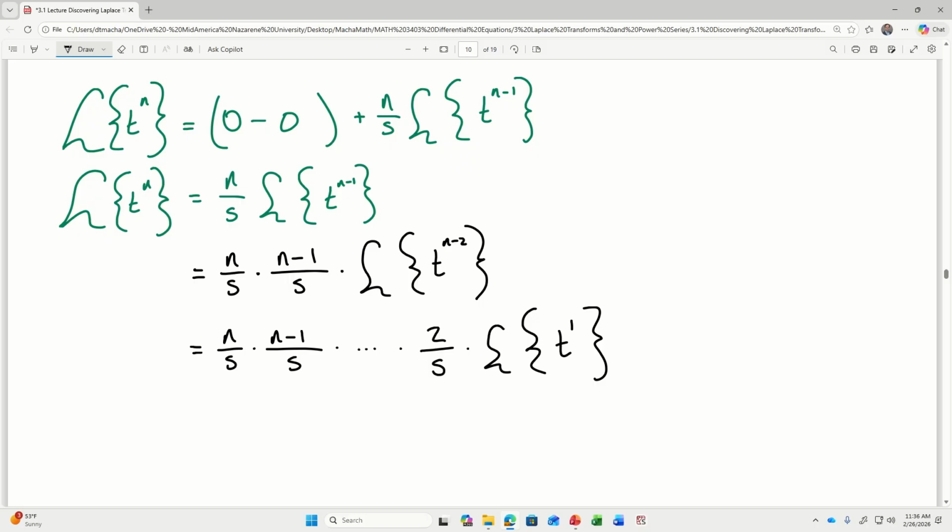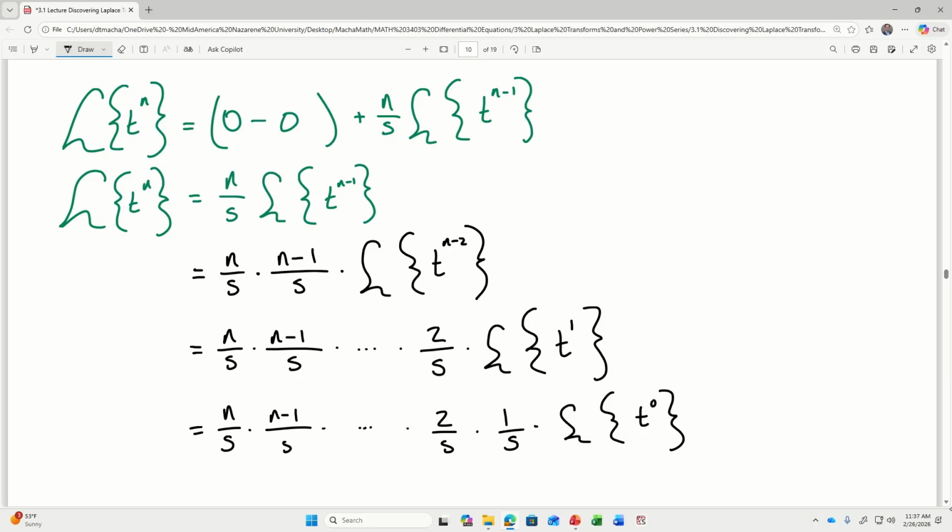Because the power of t is always going to be 1 less than the previous numerator. And so instead of 2, it'll be 1. And then applying this rule again, this is going to be times 1 over s times the Laplace transform of what? T to the 0. So that 0 is 1 less than the previous numerator.